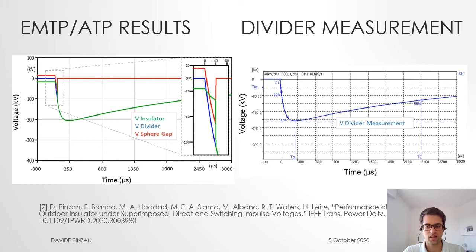On the left-hand side, instead, the green simulated voltage wave shape can be seen, and in particular, it can be acknowledged that a high voltage derivative in time was applied to the insulator due to the breakdown of the sphere gap. This would cause an enhanced risk of puncture on the insulator.